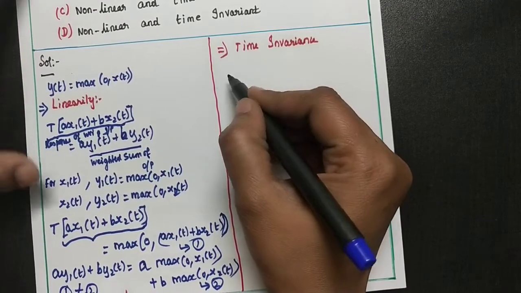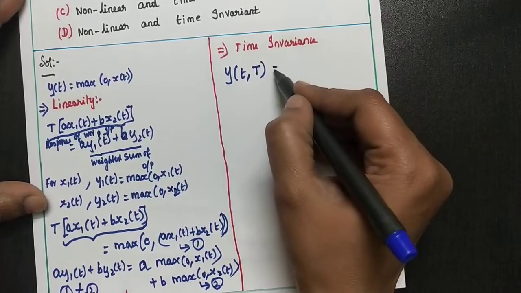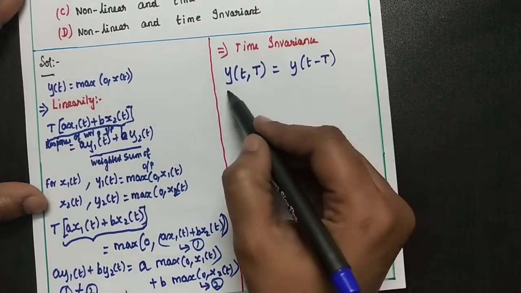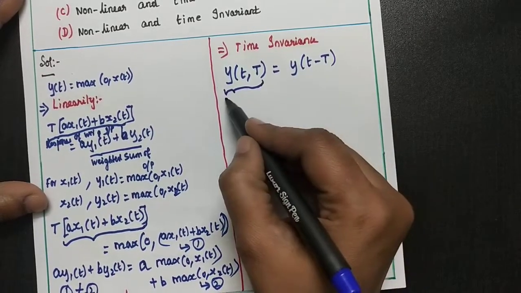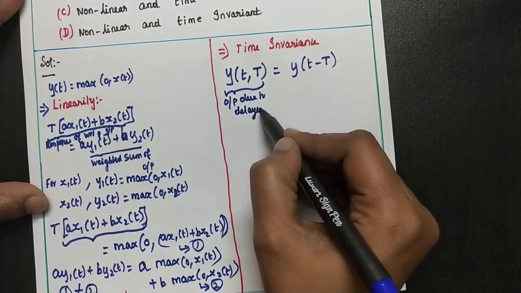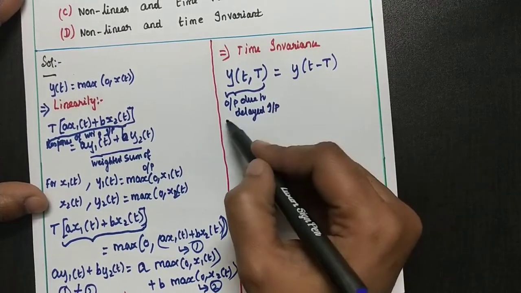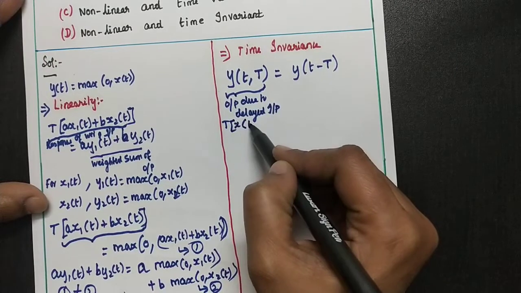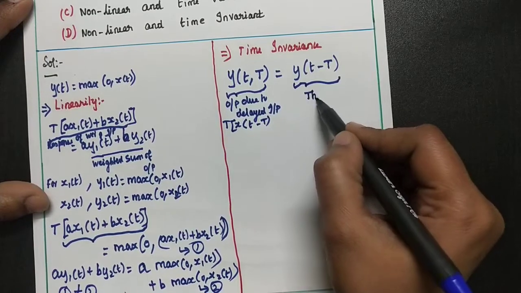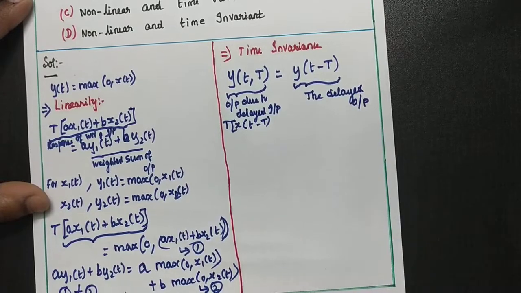This is a continuous time signal, so y of t comma T should be equal to y of t minus T. What does that mean? The left side is the output due to delayed input, that is, transform of x of t minus T. The right side is the delayed output. Let me solve the problem.